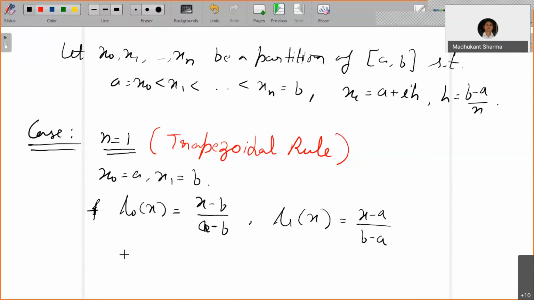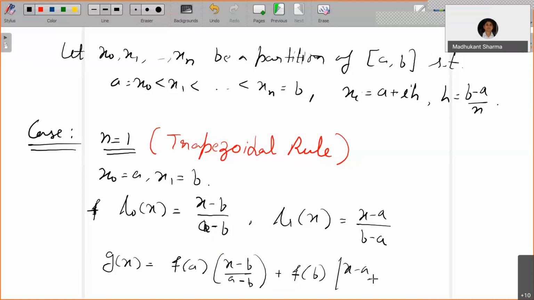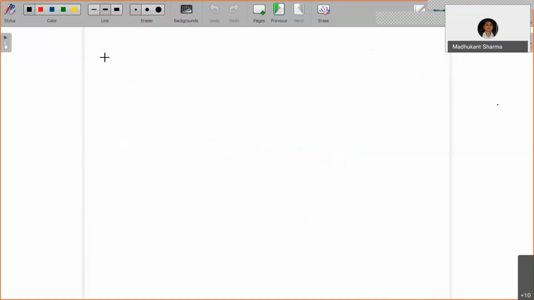Okay, now what is the formula? What is the interpolating polynomial? It is going to be f of a times (x minus b) by (a minus b) plus f of b times (x minus a) divided by (b minus a). Now what we wish to get is the integration from a to b of f of x dx.